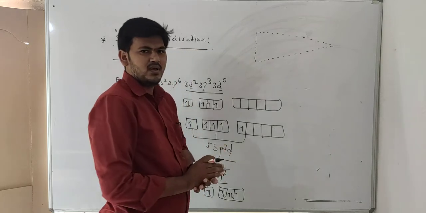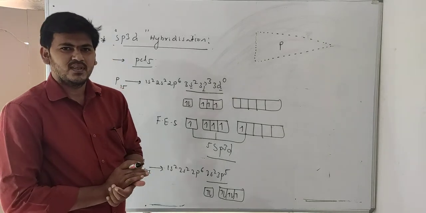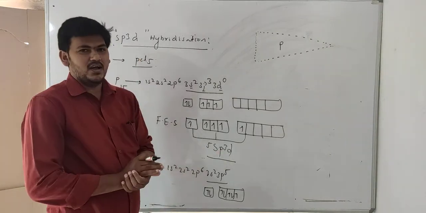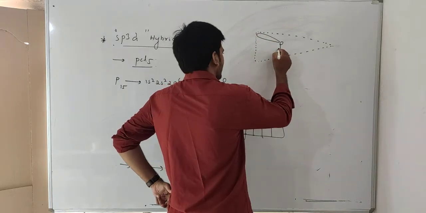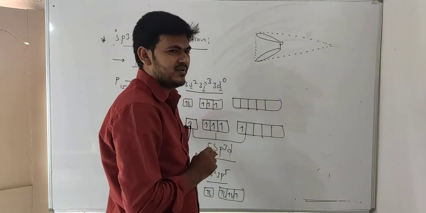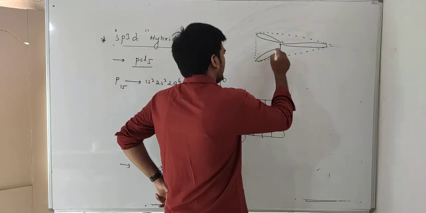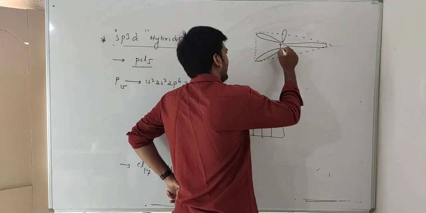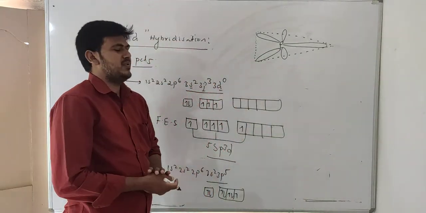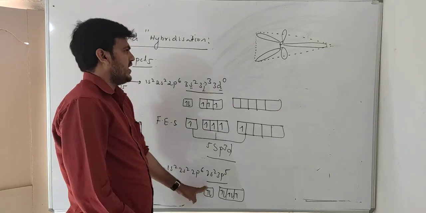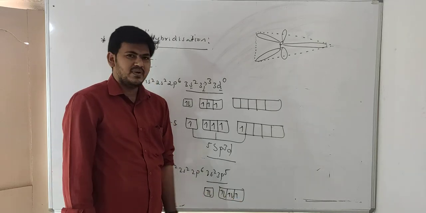The central atom is phosphorus, with 5 SP3D hybrid orbitals: first SP3D hybrid orbital, second, third, fourth, and fifth. So 5 moles of SP3D hybrid orbitals. Next, 5 chlorine atoms. Every chlorine has 1 unpaired electron, that is the pz orbital.